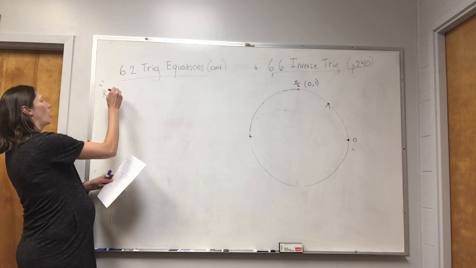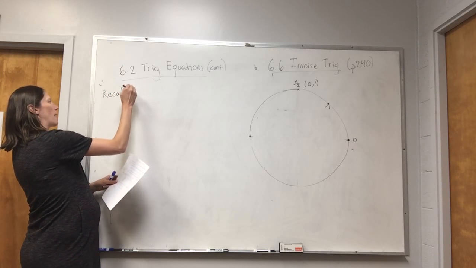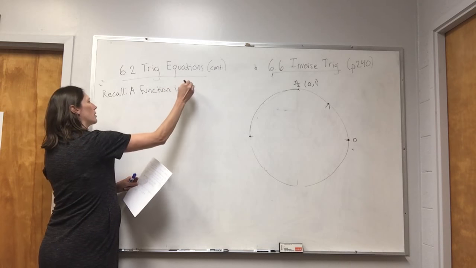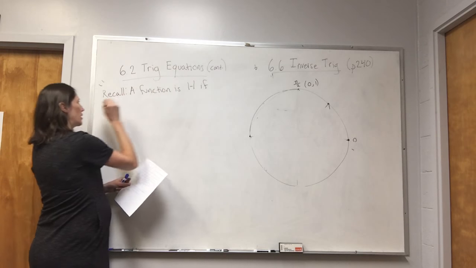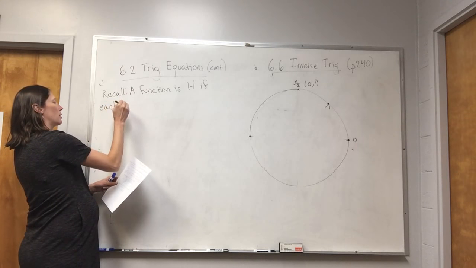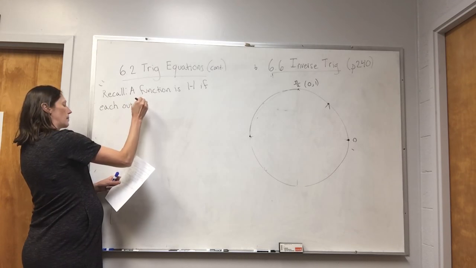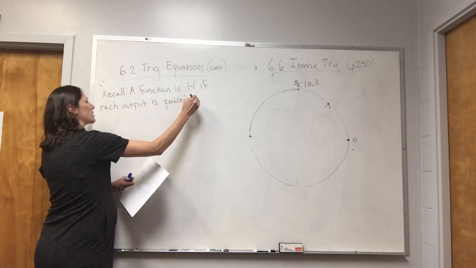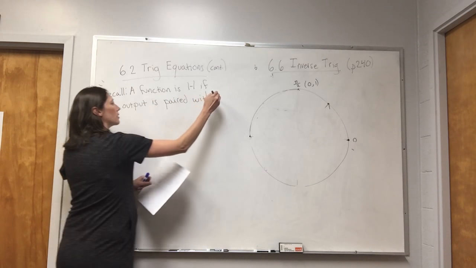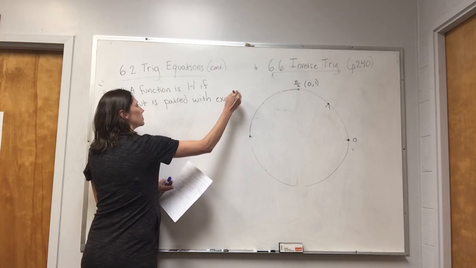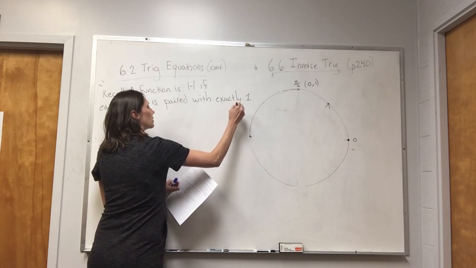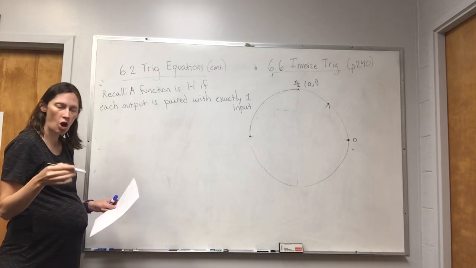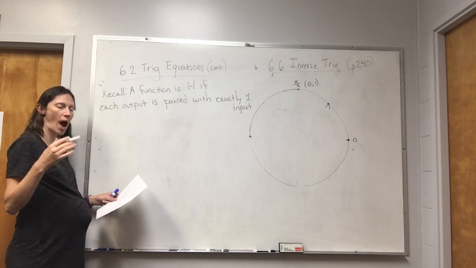So recall that a function is 1-to-1 if each output is paired with exactly one input. Okay, and when we talked about one-to-one functions, we talked about why they were important.